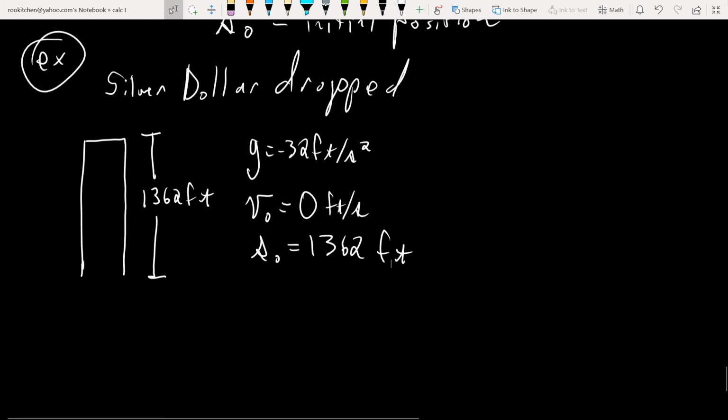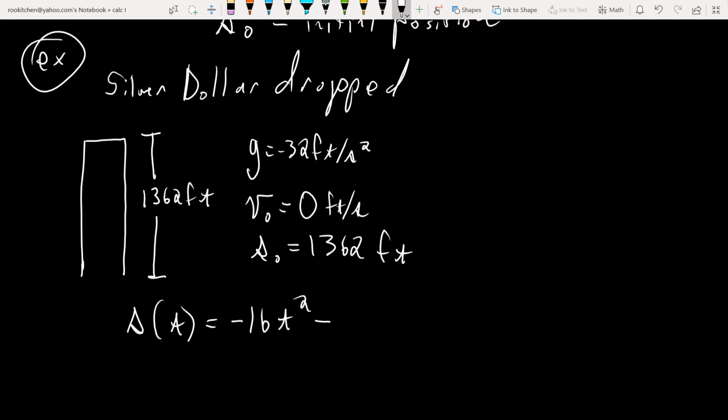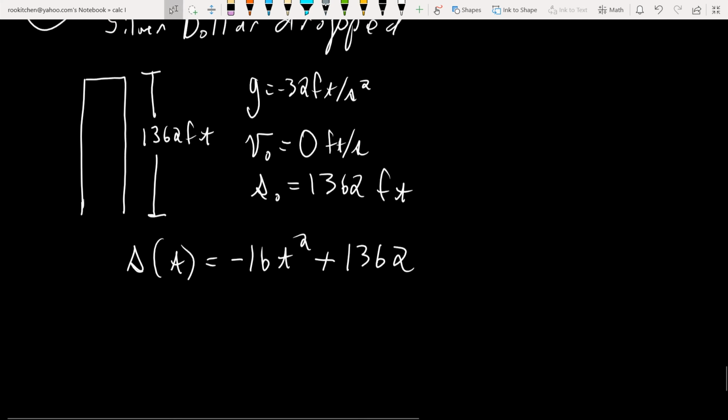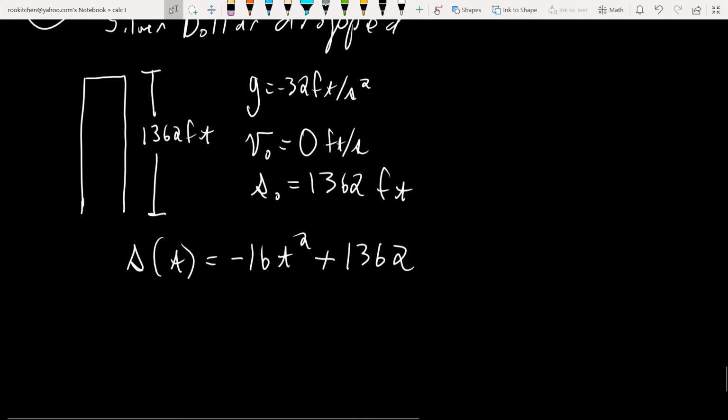And from there, we can get our position formula. So S of t will be 1/2 times negative 32, which is negative 16 t squared, plus v sub 0 t, which is just 0, and then plus s sub 0, which is 1362. So that's our formula.